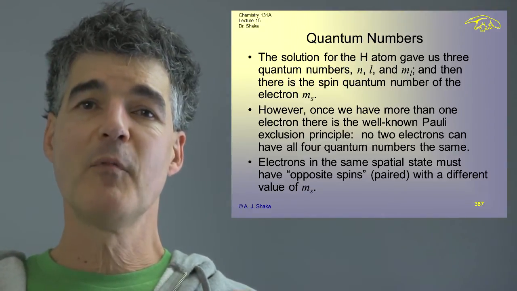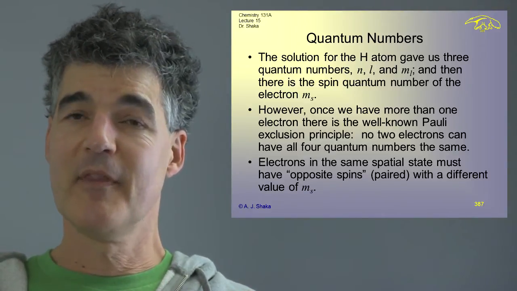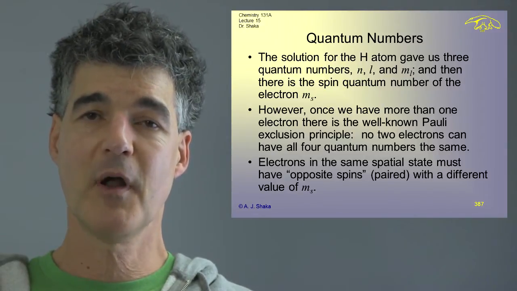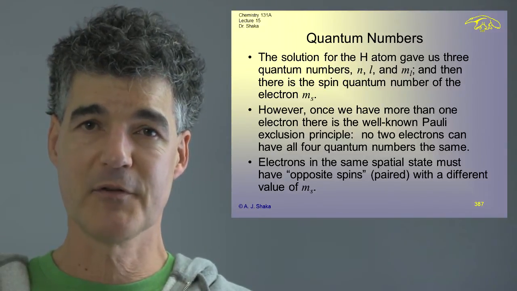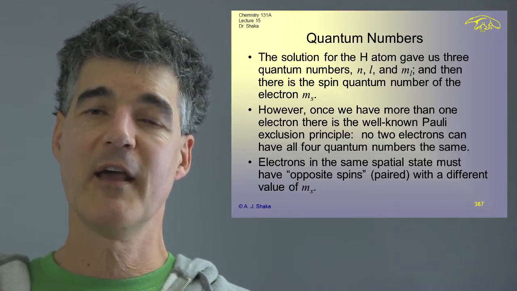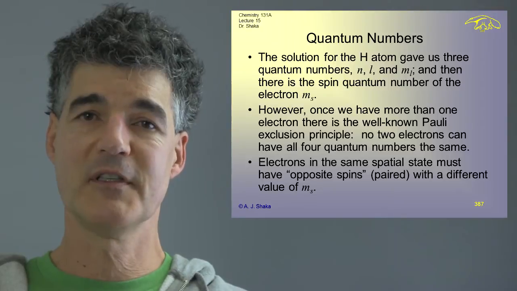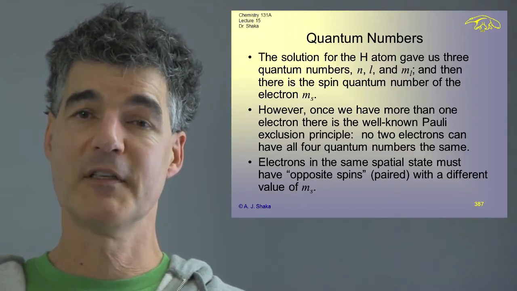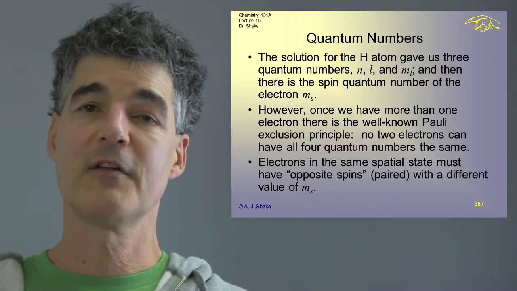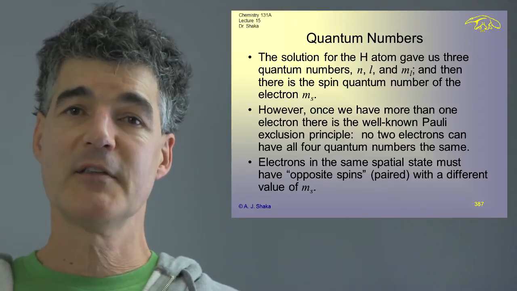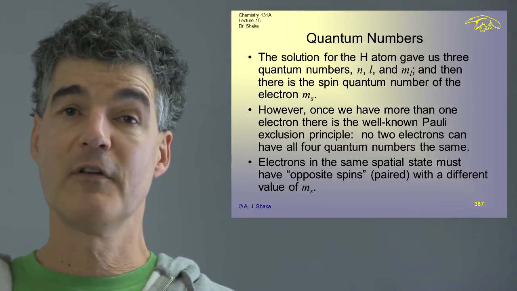However, once we have more than one electron, then there's the well-known Pauli exclusion principle, which you've probably learned from freshman chemistry, and that is no two electrons can have all four quantum numbers the same. So if n, L, and m sub L are the same, for example, the electrons in a 2px orbital, then m sub S has to be different for the two electrons.